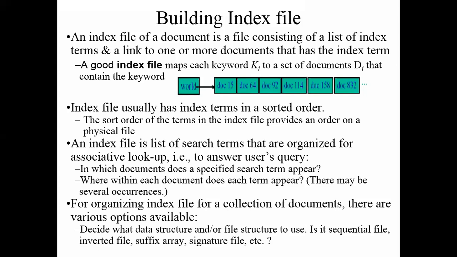Later on, the inverted file, signature file, suffix array, and many other algorithms were designed. So we'll try to see, based on their advantages, the sequential file, inverted file, and signature file.